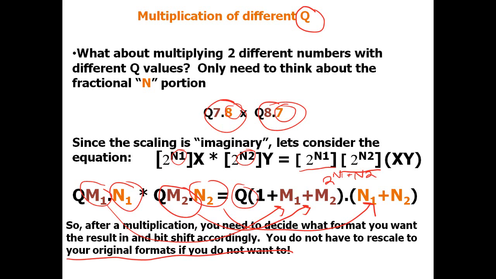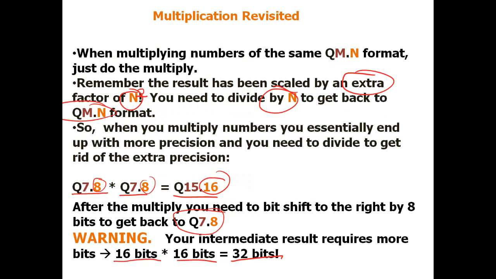All right, so 8 plus 7 will have 15 bits there. The dot: 7 plus 8 plus this 1 is 16. So we have a Q16.15. That's the result when we multiply different Q. So you just got to keep track in your signal processing routine of what that means.